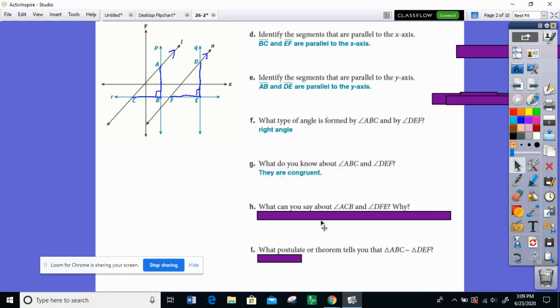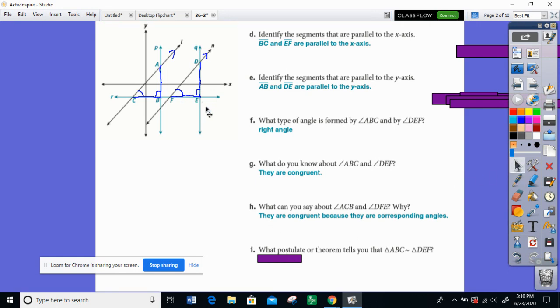So what does that tell us about angle ACB and angle DFE? Well, those angles are congruent because they are corresponding angles. Remember, if parallel lines are cut by a transversal, which in this case would be line R, then the corresponding angles formed are congruent.